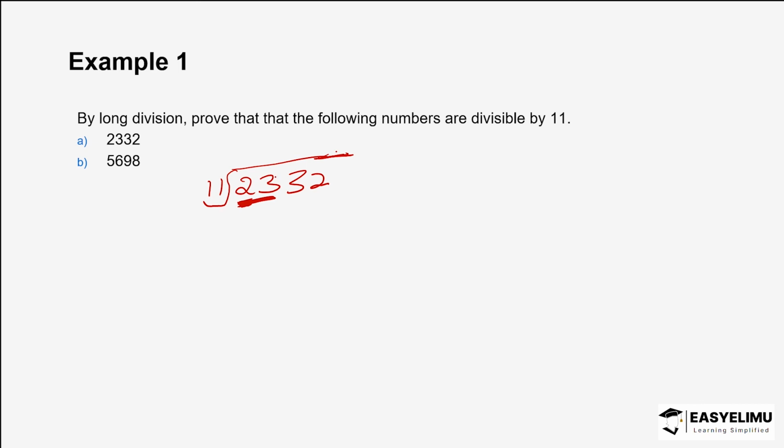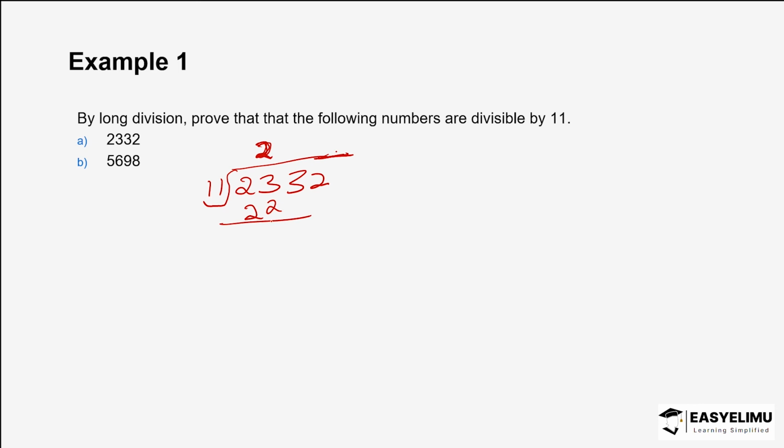So 11 goes into 23 how many times? 2 times. Please take note of where we are writing that 2: on top of the second digit. Then, as we discussed previously, you multiply 2 by 11 to give us 22.